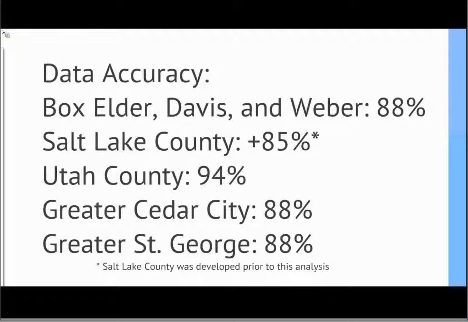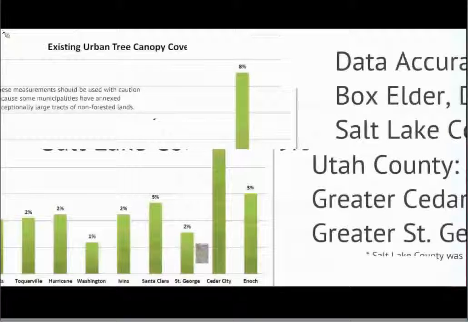And so we were coming out with a good area or overall accuracy. However, we did run into some errors of commission where we had pixels that were committed to a tree class where they most likely shouldn't have been, but it was certainly very good for the models and the data that were used. So 88, 85, Utah County came out very well. We spent a little more time working on Utah County than Cedar City and St. George.